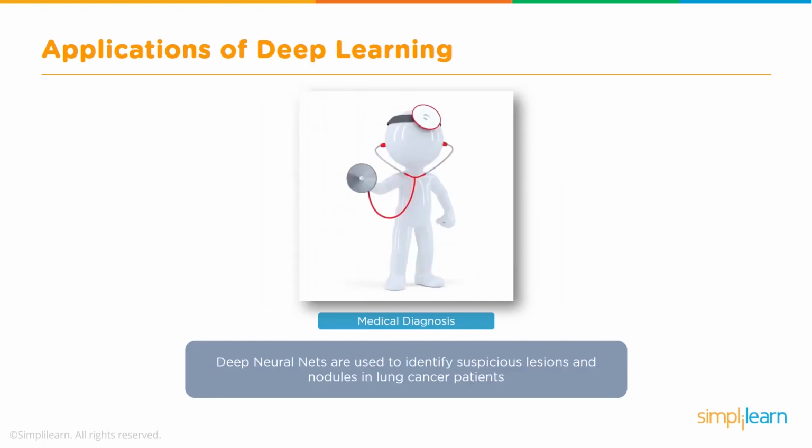Medical diagnostics and healthcare is another major area where deep learning is being used. Within healthcare diagnostics, there are multiple areas where deep learning, image recognition, and image processing can be used. For example, for cancer detection. As you may be aware, if cancer is detected early on, it can be cured. One of the challenges, though, is the availability of specialists who can diagnose cancer using these diagnostic images and various scans and so on.